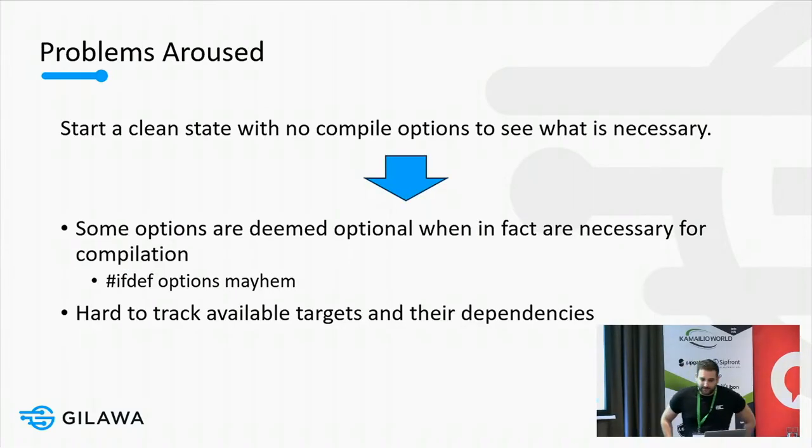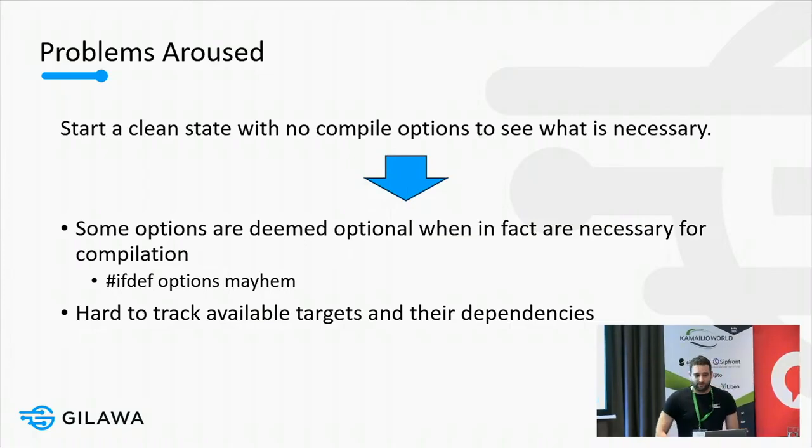Of course, the CMake transition was not without its hassle. We started with a clean state with no compilation options at all to see what was really necessary. Some options, of course, you will think are optional, like the use _ feature, but many of them are not, like use TLS, use TCP, even statistics. You will think it's not necessary, but it is.